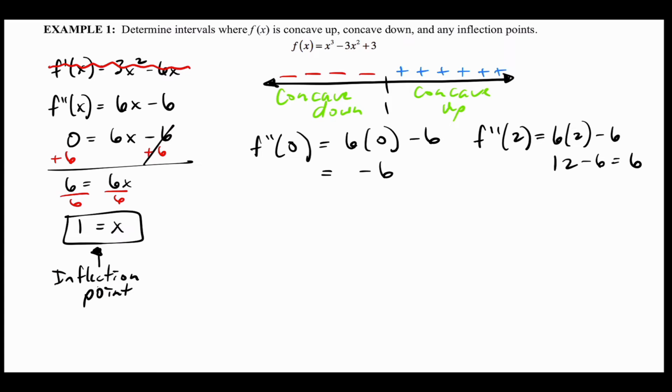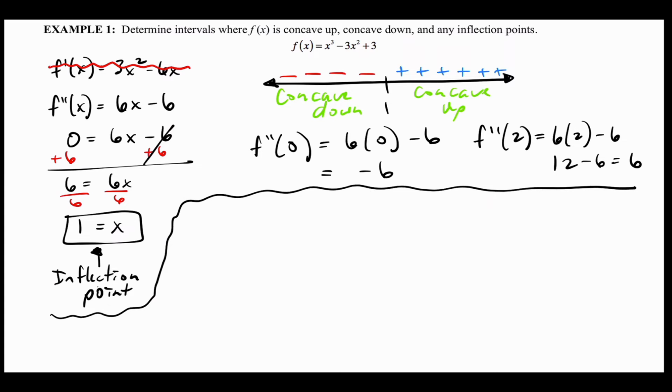Okay, so let's answer the question. The question says, identify where each of these is happening. So the first one is concave up. Well, let's see. It says determine intervals.